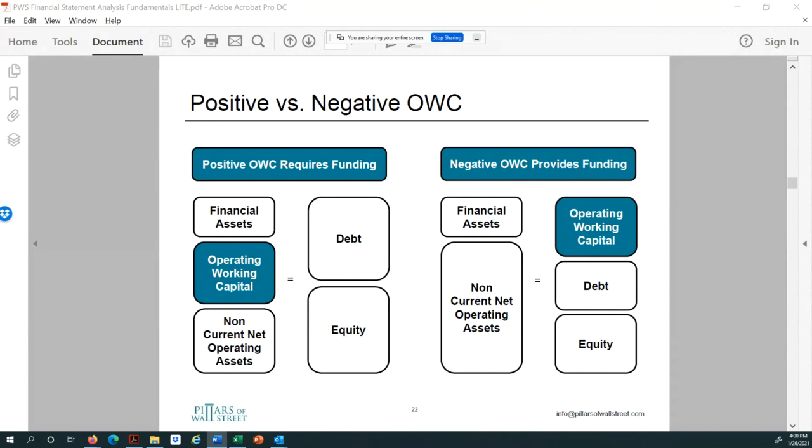They can pay for all that just via the money they collect in advance from customers like you and me buying tickets in advance. So it's a form of a source of financing. Deferred revenue, accounts payable, all of those types of operating current liabilities.